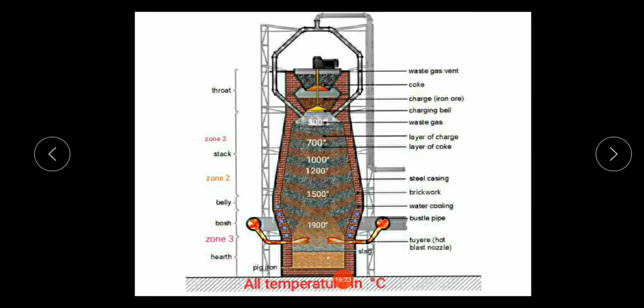The molten metal is removed by tap holes which are provided at the bottom of the earth, and at the top of the earth there is a tap hole. This tap hole removes the slag from the molten metal.